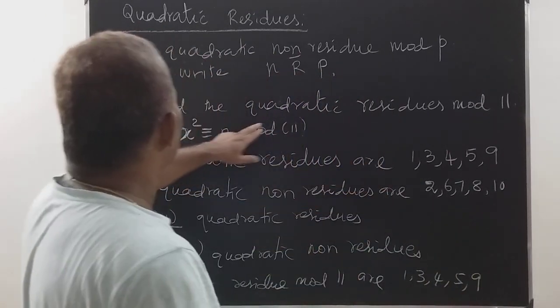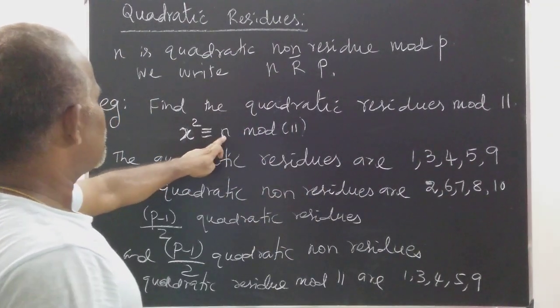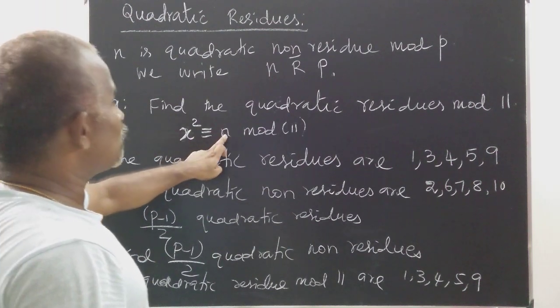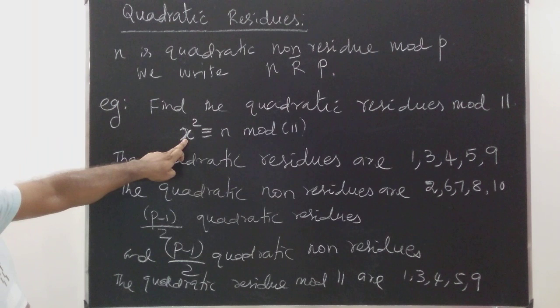So if you substitute for this n, all will satisfy. If n is equal to 1, it will satisfy. n is equal to 3 also will satisfy.